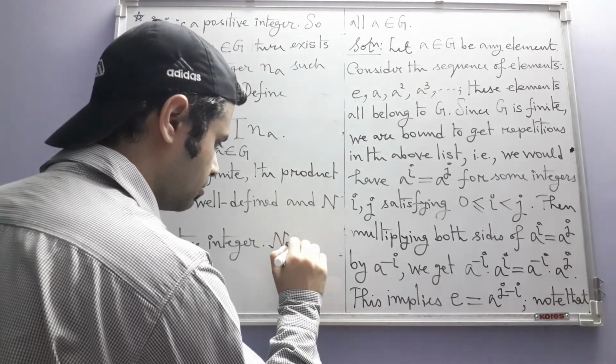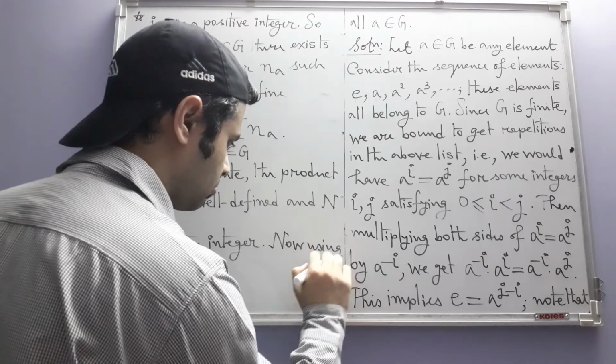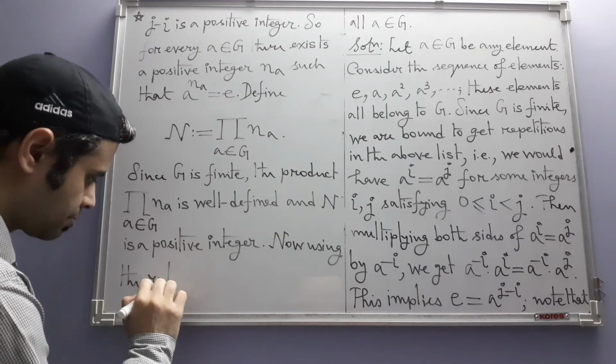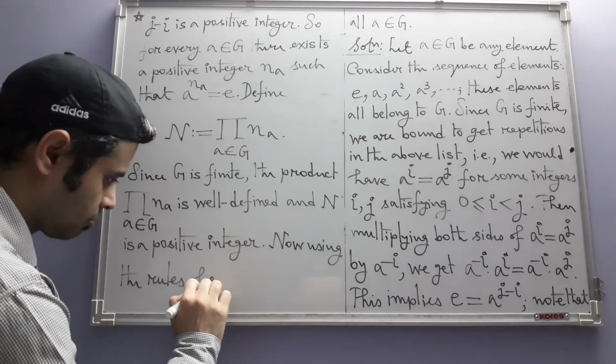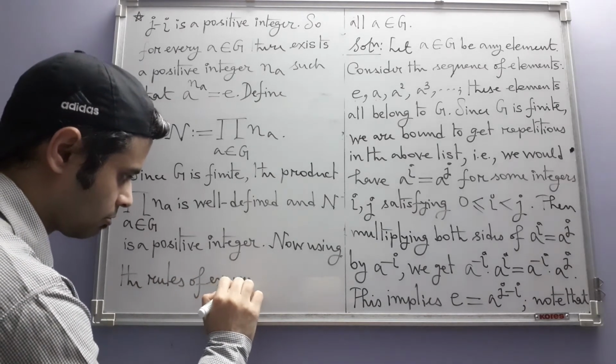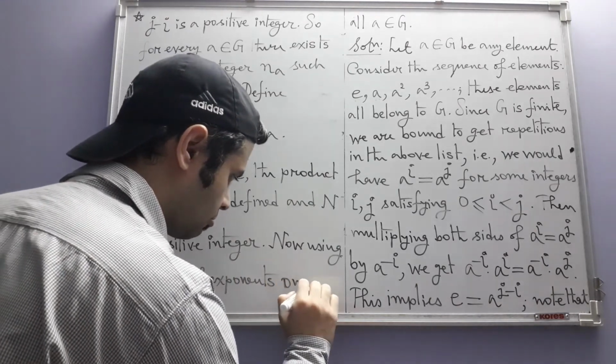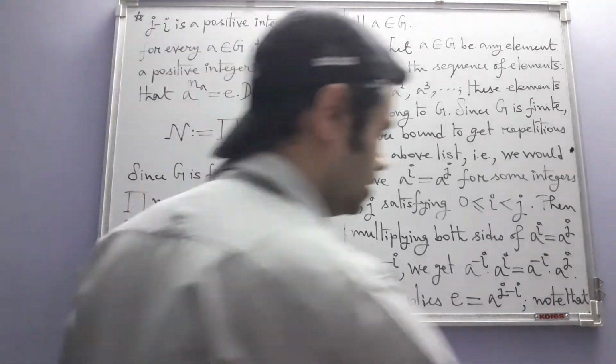Now, using the rules of exponents, one can see that a to the power N is equal to e.